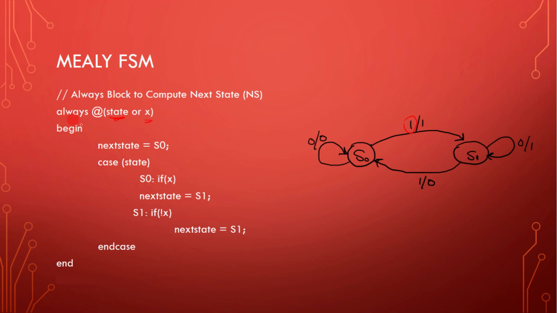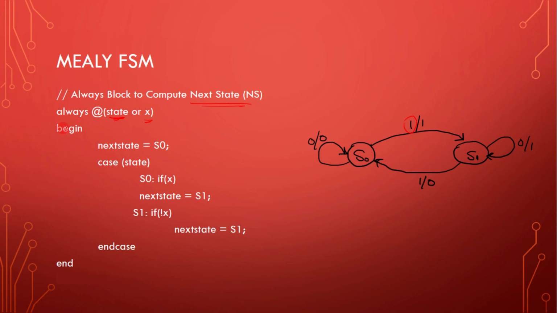This always block or cyclic behavior is used to calculate next states. And if your state is S1, because initially you are at S0, when you get an input X equal to 1, you move to state S1, and this part will not be executed, and this cyclic behavior will finish its execution.